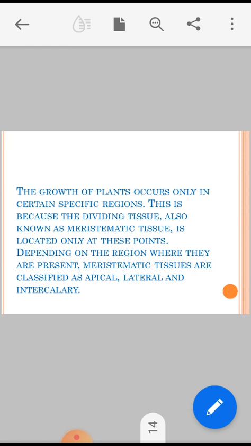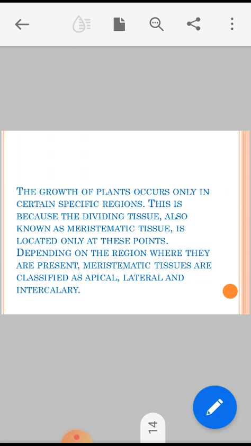The growth of plants occurs only in certain specific regions. As we had discussed about the functions of tissues, as we had talked about the tissues that are localized in specific regions in the plant. So the growth of plants also, as we talked about the main function of the meristematic tissue, that it is responsible for growth.